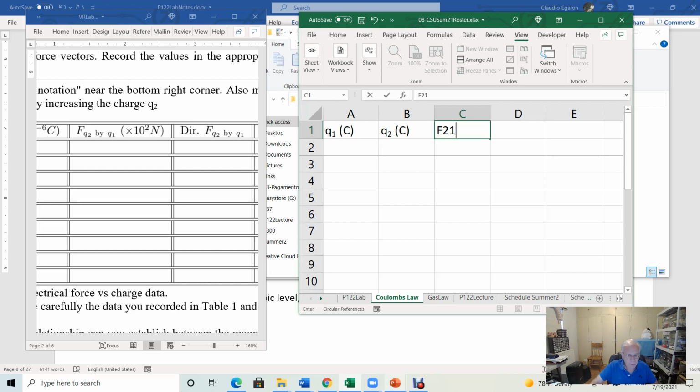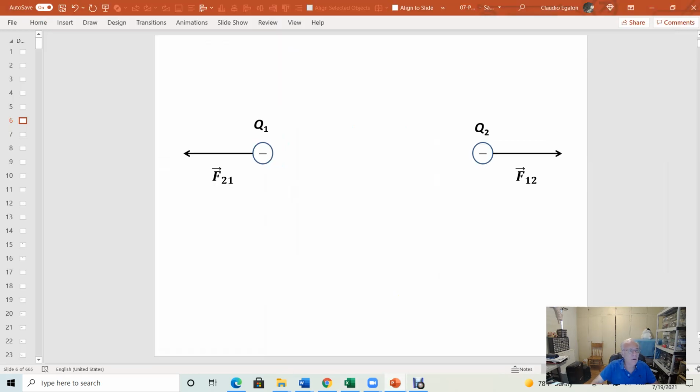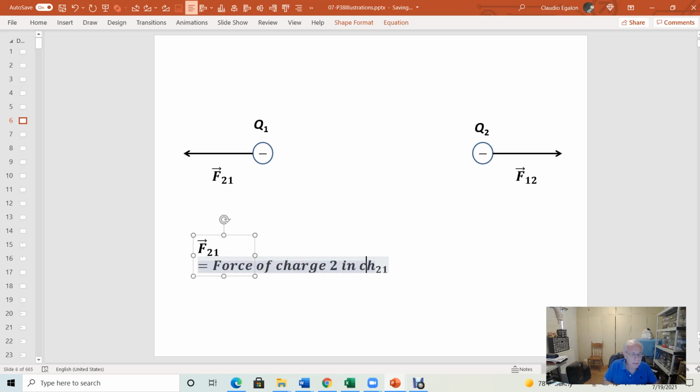That's what this notation means. Let me see if it's consistent with this other notation. Force of 2 due to 1. That's what I meant here, you know. Force is not exactly the same way that is defined there in the lab manual, but here you go, it means force of charge 2 on charge 1. That's what my notation means.